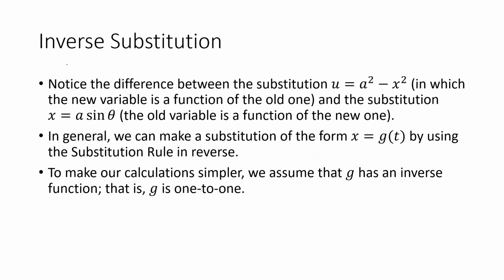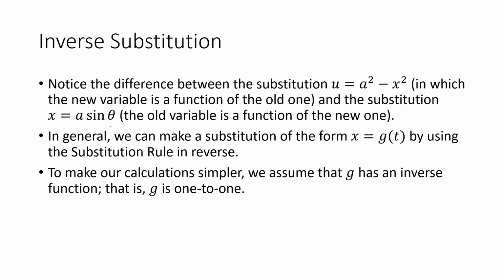And what we're actually doing here is something called inverse substitution. Whereas in the past we would say, okay, we're going to replace some expression with a single variable, what we're doing now is replacing a single variable in our integral with a function of theta.